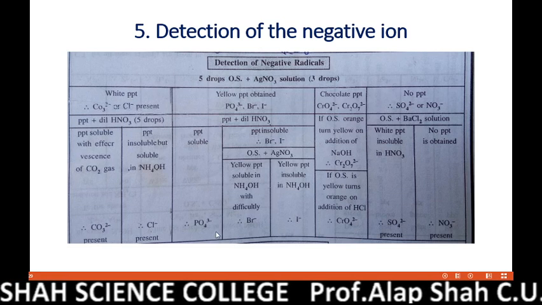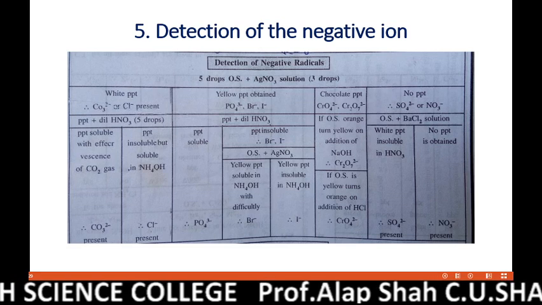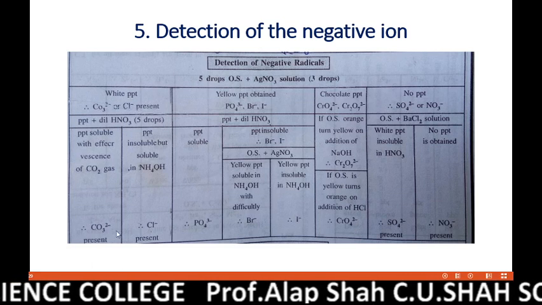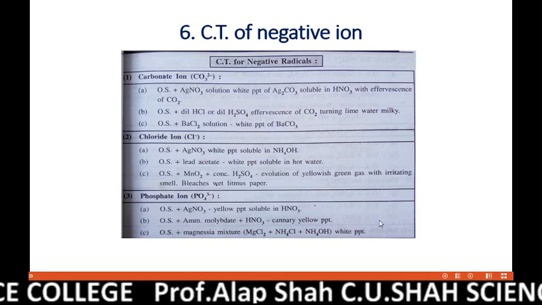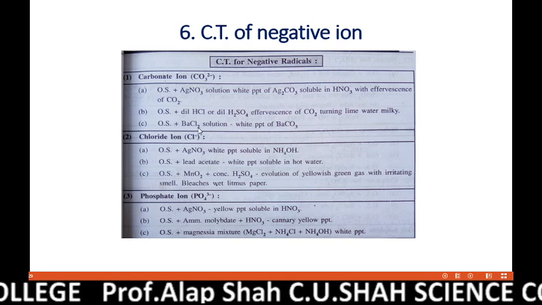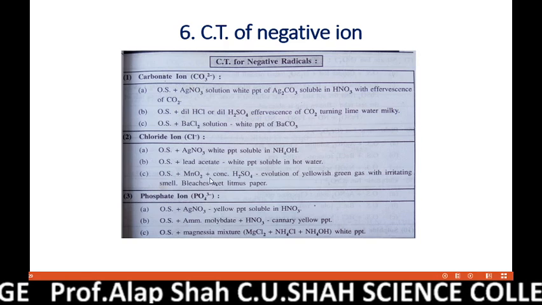And one more thing, you must have detected the negative ion from the dry test also. Whichever negative radical you identify, you have to perform its confirmative test. These are the tests of carbonate, these are the tests of chloride, phosphate, and so on.